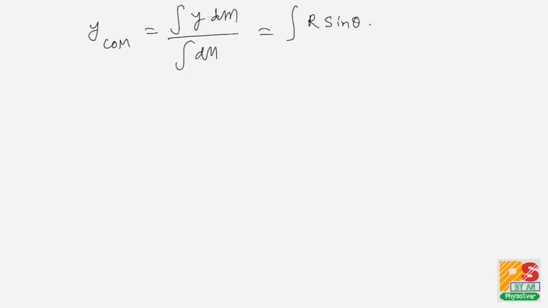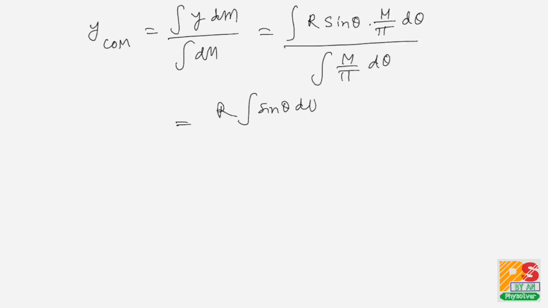Y com is similar, integration y dm by integration dm. What is y? y is, remember, r sin theta. dm is m by pi d theta, divided by integration m by pi d theta. Again m by pi cancels, so r integration sin theta d theta by integration d theta.